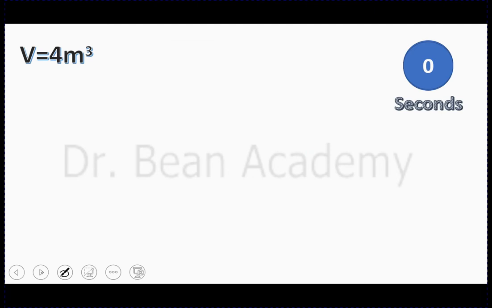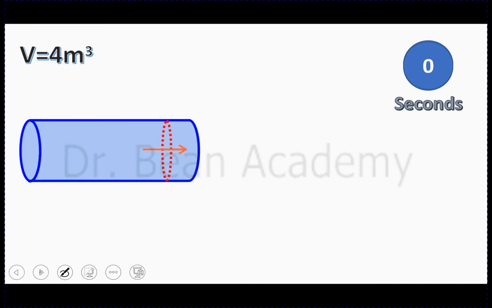Suppose we have a volume of water which is 4 meter cube. Here we have a pipe, and this is a unit area, which we will use as a reference. This is the water, a certain volume of water or liquid, whatever you consider it, and this volume is 4 meter cube, and we want to know the volume flow rate.